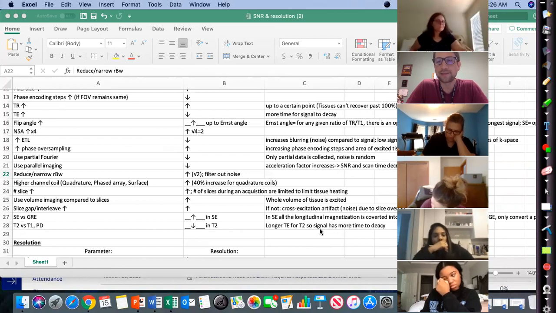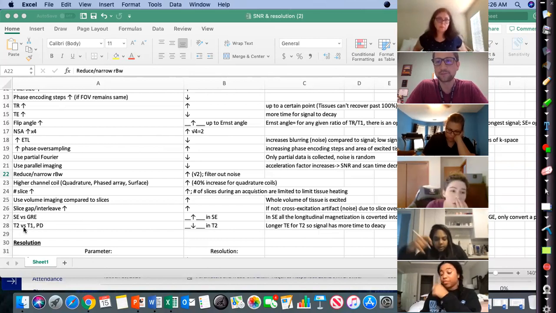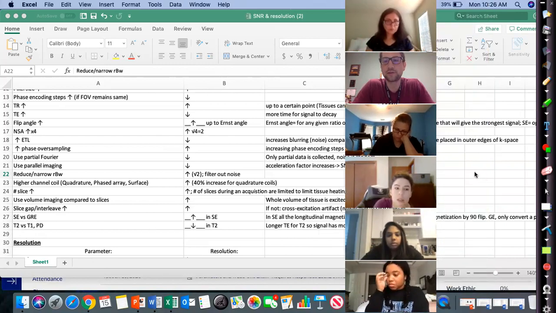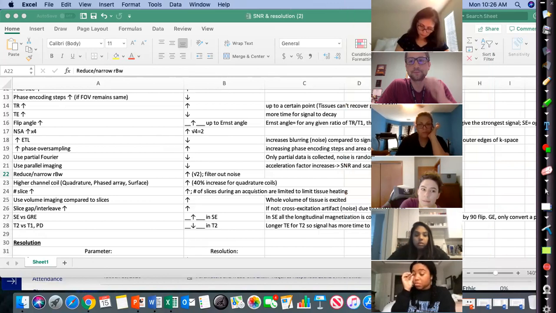Which one has the best contrast to noise out of these weighted images? T1, T2? T2, and why, Rachel? Does it have to do with being able to see the CSF?